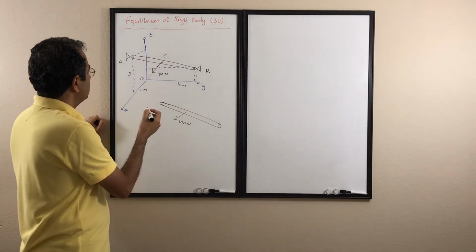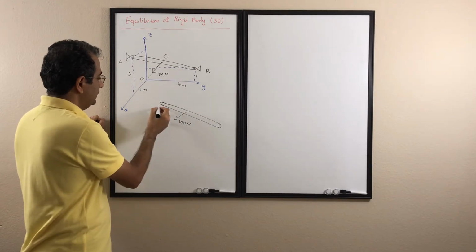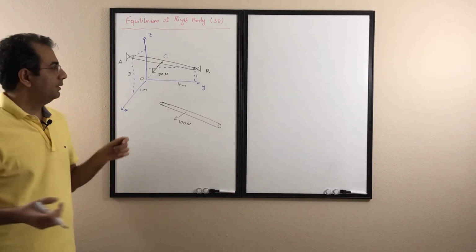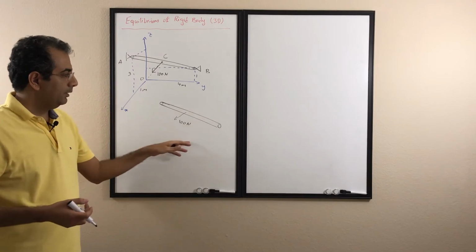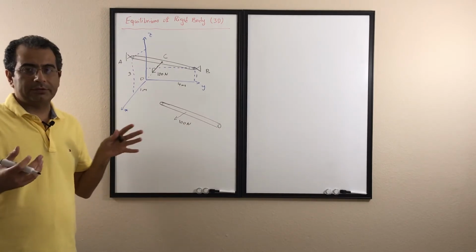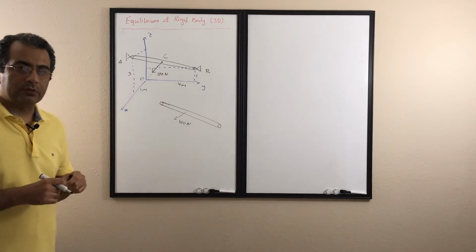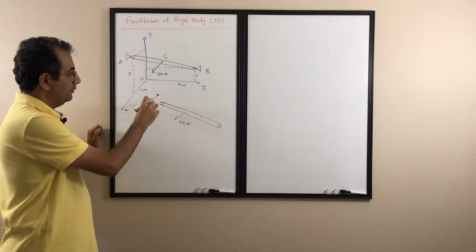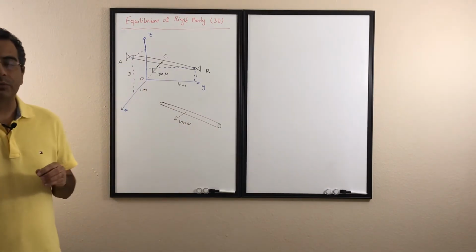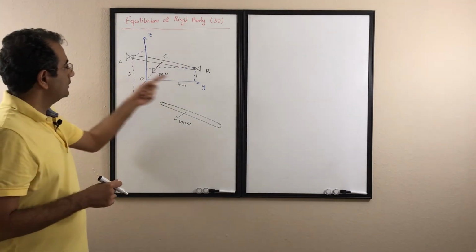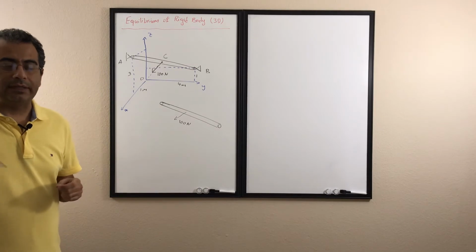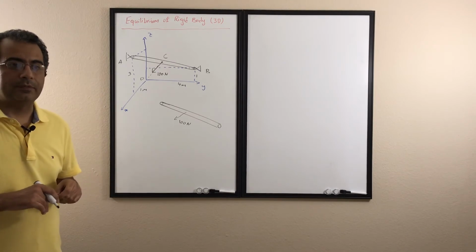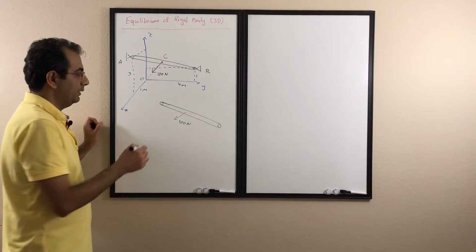So there are 3 support forces, and we draw them in the positive X, Y, and Z directions. Remember, especially in 3D, when you want to draw the free body diagram, which means you remove all the connections from the body and then put all the external forces on it, for the unknown external forces, such as the forces at supports A and B, put them in the direction of X, Y, and Z. So later on, if they come out negative, you know that they are in the negative direction of what you assumed.